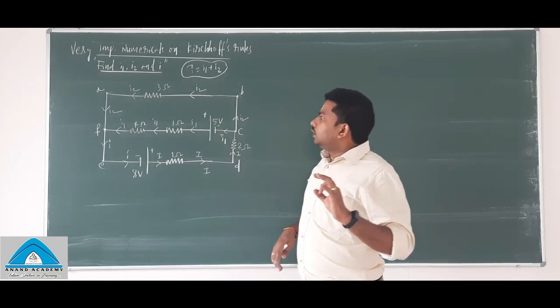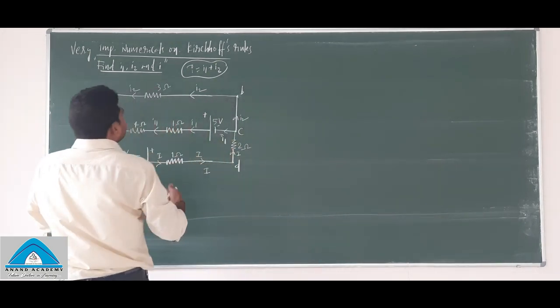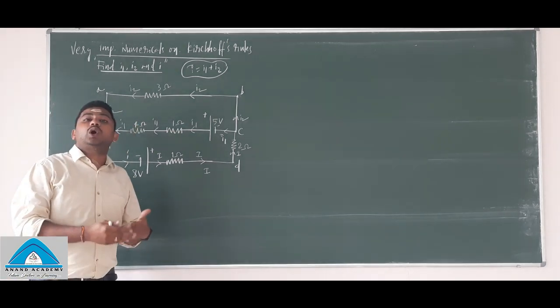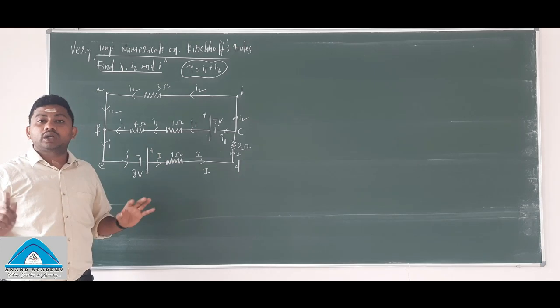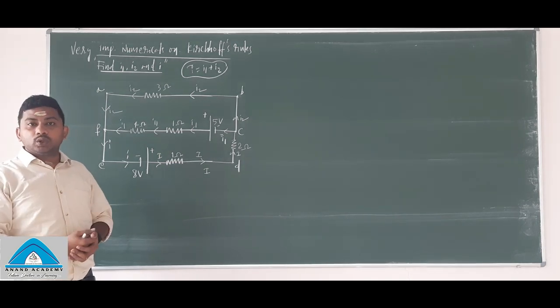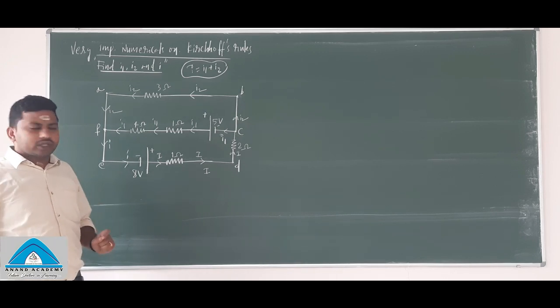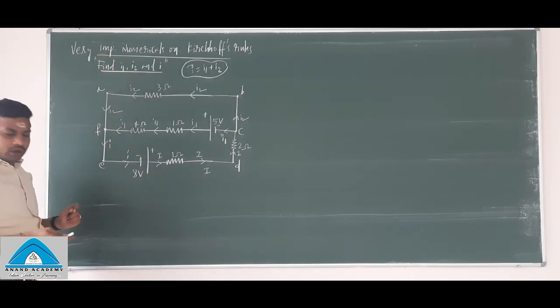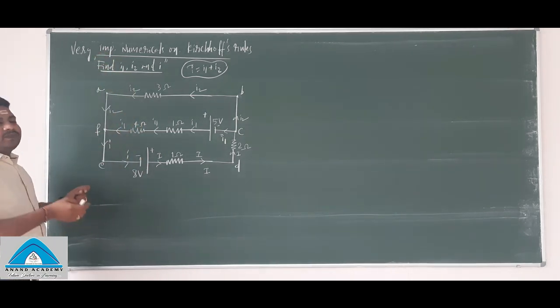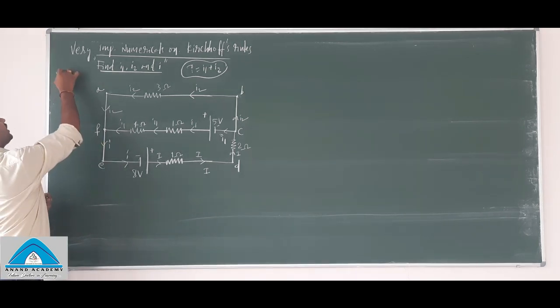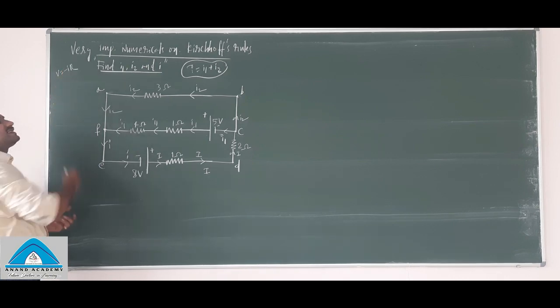Now to find the I1, I2 and I values, we have to use Kirchhoff's second law, called the loop rule. Let me revise the loop rule for you. If the current is moving in our loop direction, then the potential difference across the resistor will be minus IR.